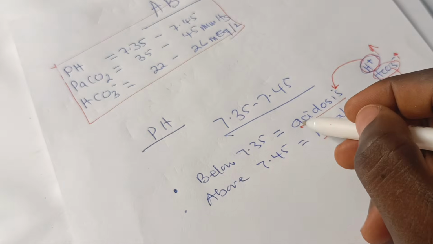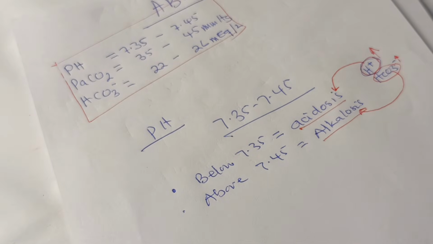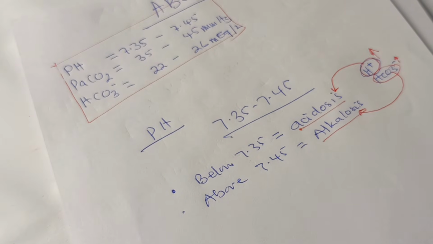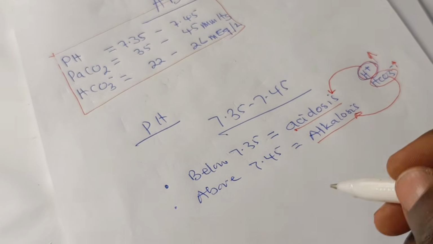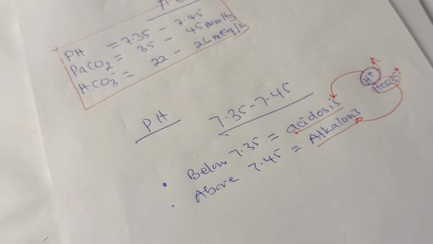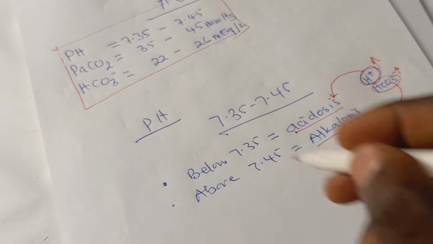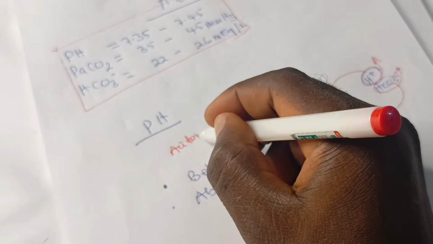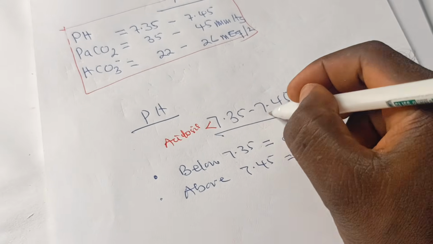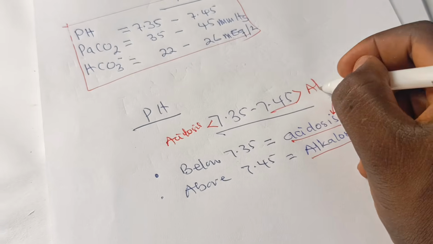Okay. Now, this is represented by the pH if the value is below 7.35, and the alkalosis is represented when the value is above 7.45. So below this is acidosis, then above this is alkalosis.